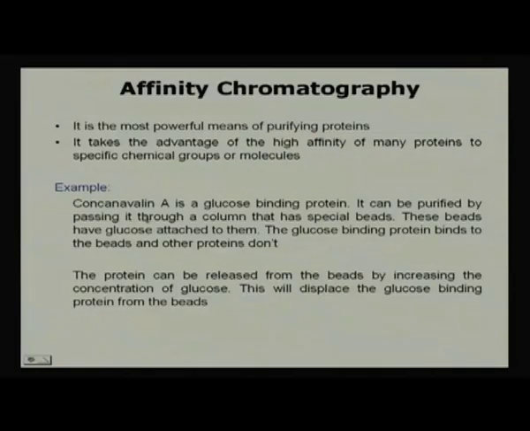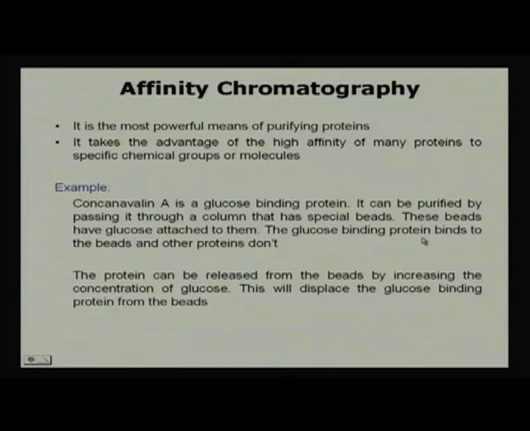Concanavalin A is one such example. Concanavalin A is a glucose binding protein. It can be purified by passing it through a column that has special beads, which have glucose attached to them.